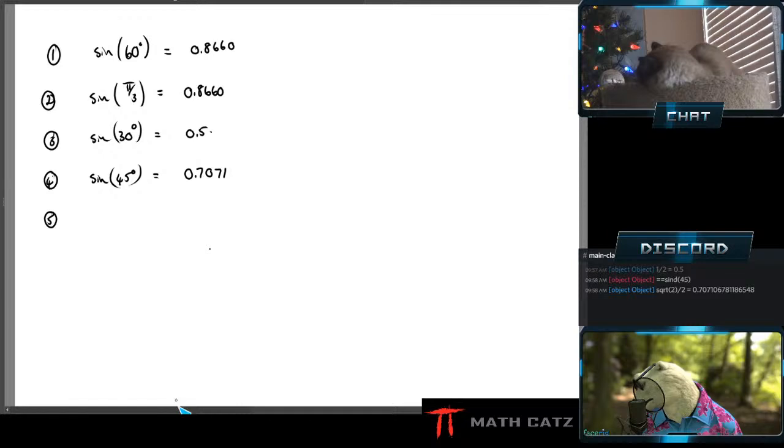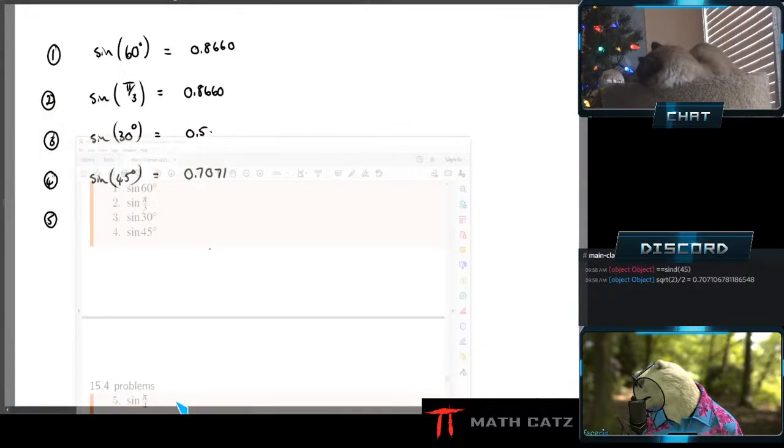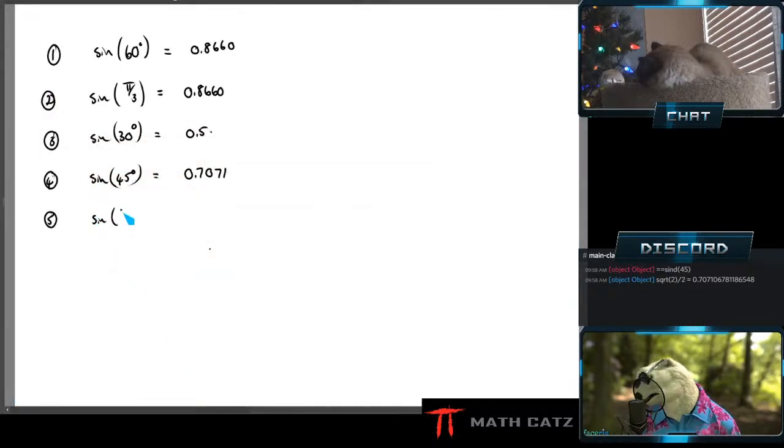And lastly, sine of pi over 4. That is a radian measure of an angle. I know the angles because we did the conversions first. Pi over 4 is 45 degrees. So I should get the same number.